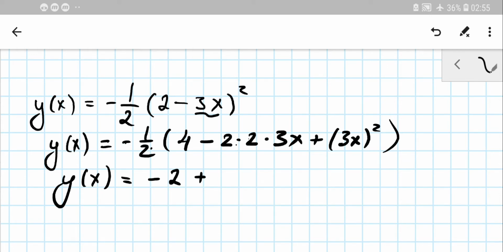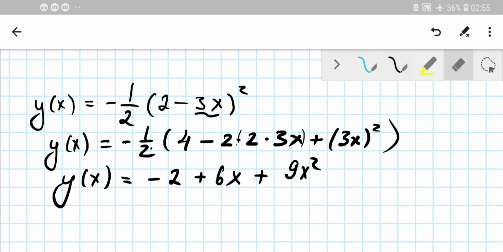So first take care of the sign. 2 and 2 will cancel, and we'll be left with only that expression, which is 6x. And finally we've got 3x squared, which is 9x squared, but multiplied by negative 1 over 2. We change the sign to negative, and we've got simply 2 in the bottom part.